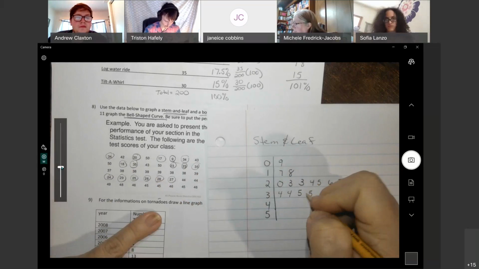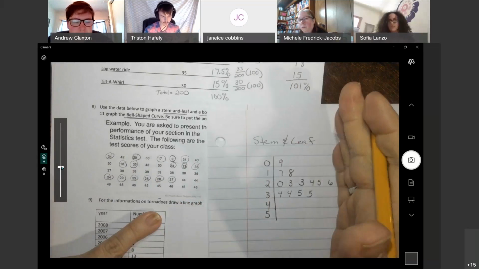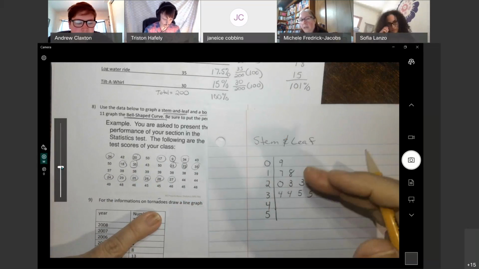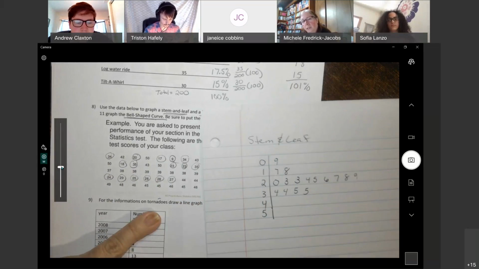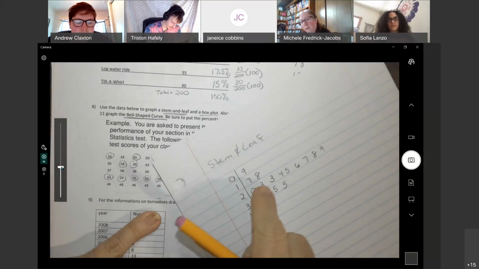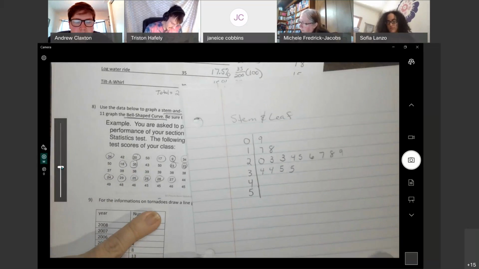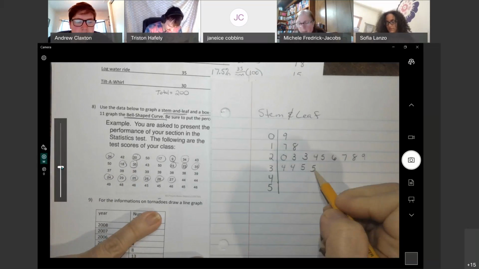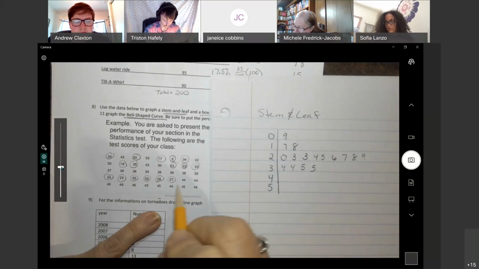And you want to kind of keep these in columns so they stay equally spread. So then if we turn it, it kind of looks like a bar. 2 36s. There's a 37.